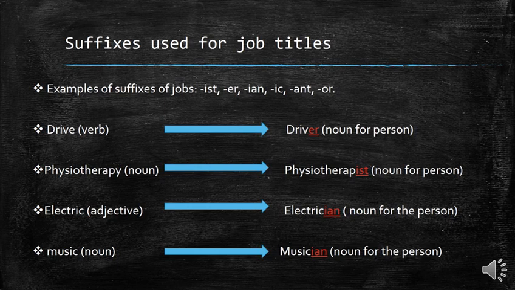If you do it, electrician, adding this ian suffix, it becomes a noun for a person. And finally, we have the word music. Music is a noun. It talks about music itself. While if you have ian by the end of it, you're talking about the person who is doing this music by, for example, playing an instrument or something like that. We have many examples for these suffixes, and you can always check for many more.